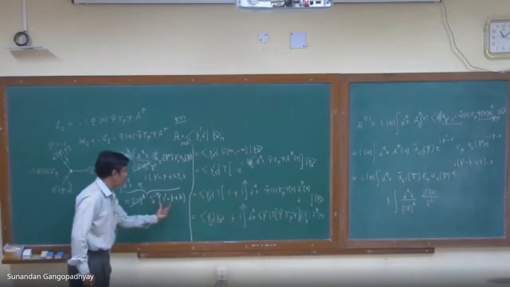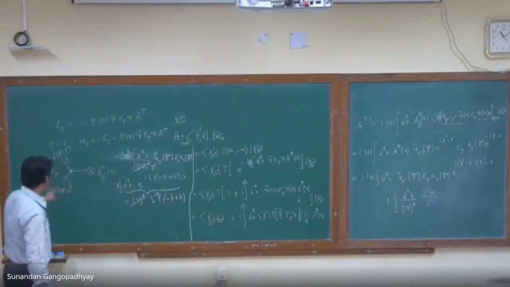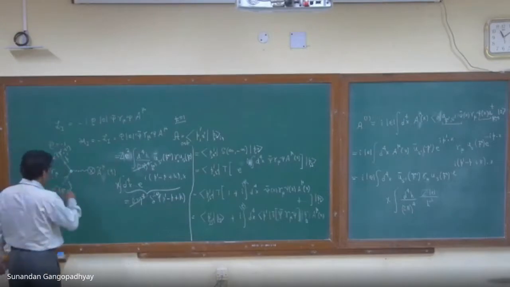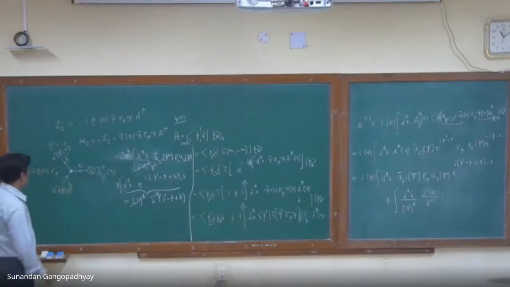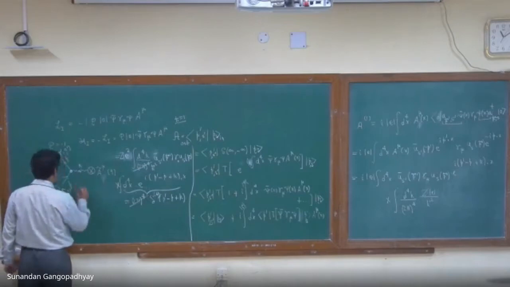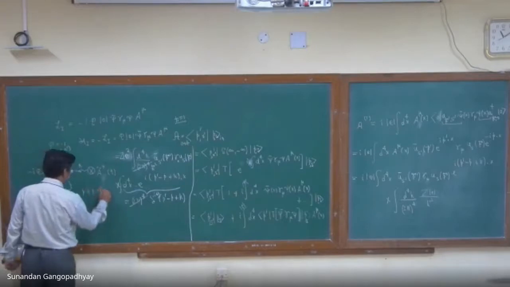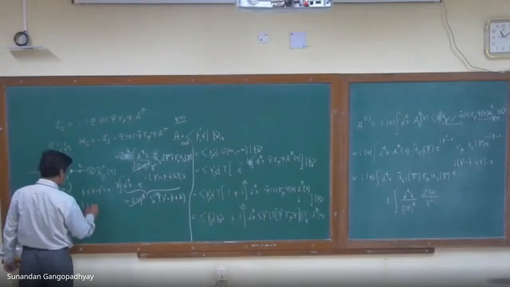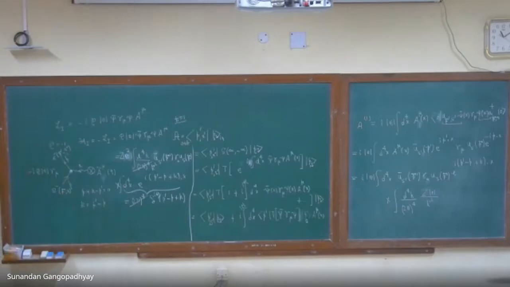You can now see that this is the overall energy momentum conservation, because you have p coming in, p prime going out. If you call this k, then we have p plus k minus p prime equal to 0. And therefore k is basically p prime minus p.